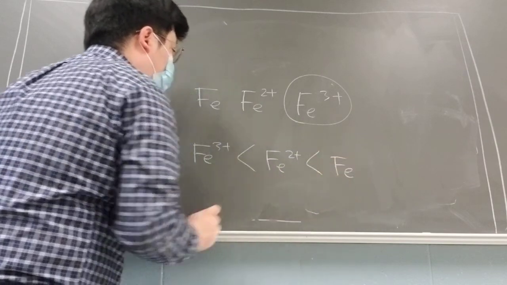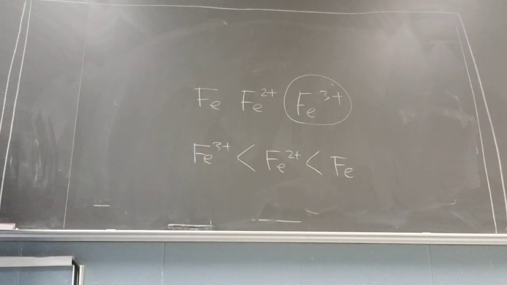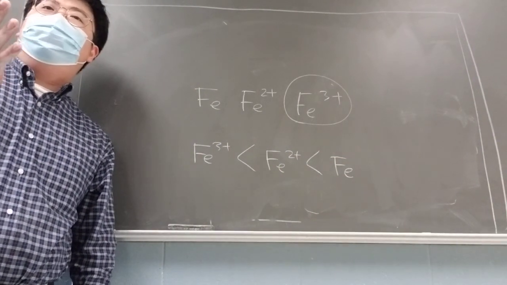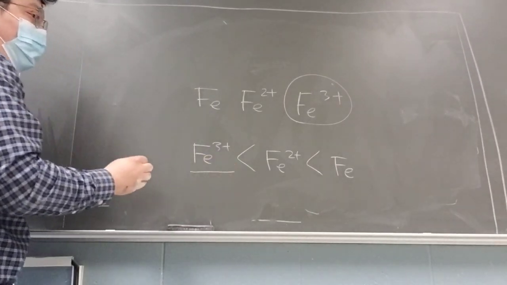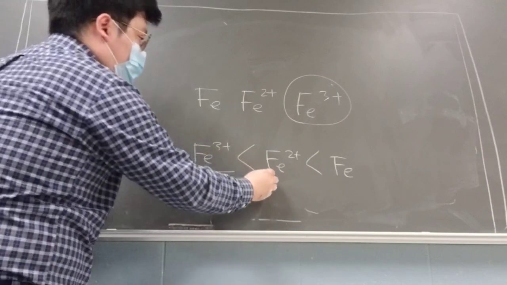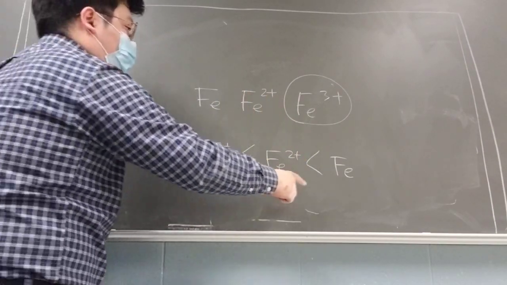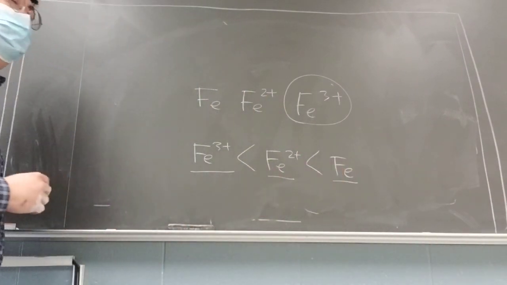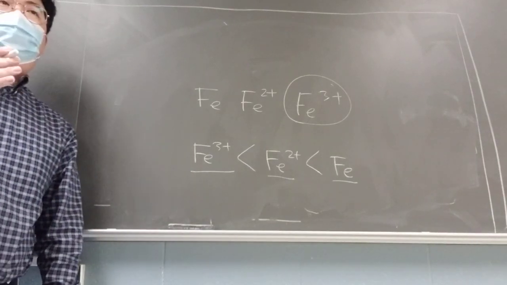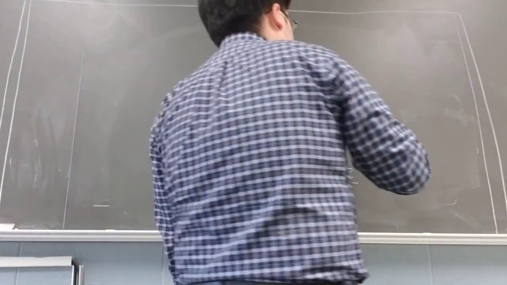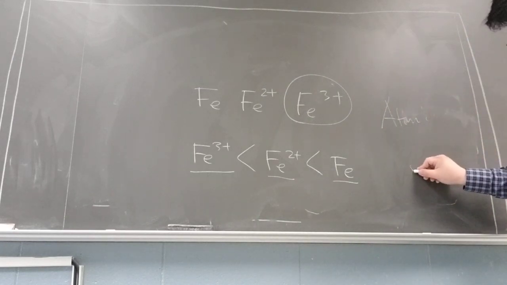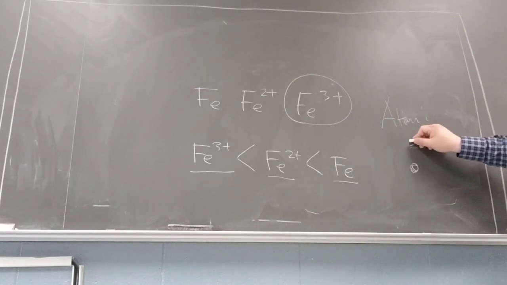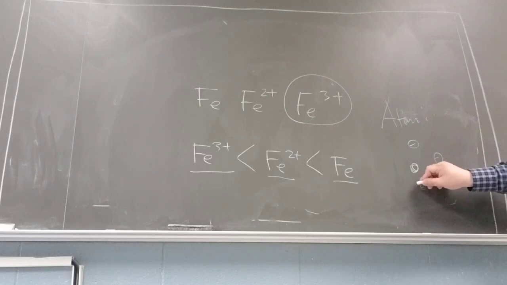Okay. So just remember, if an element becomes a cation, it will be smaller. So that's why if it's 3 plus, it will be the smallest. 2 plus is somewhat smaller than the element, but the element will be the biggest. Because think about it. You have an atomic structure. It's simply a nucleus at the center. You have electron density, or you can say numbers of electrons at a certain distance from the nucleus.